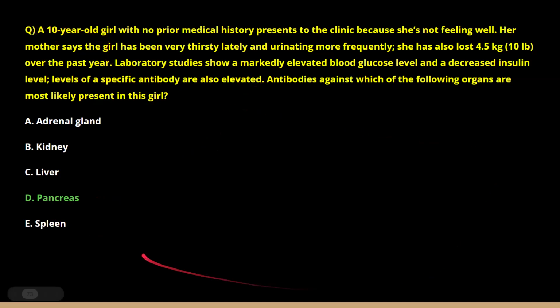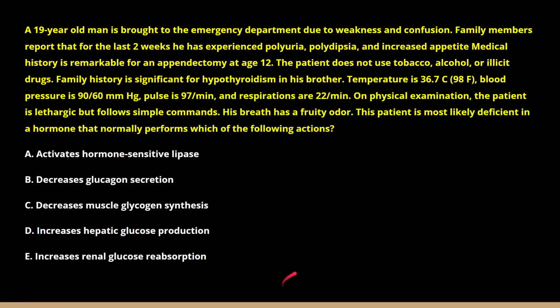Okay, next question. It's the last one. A 19-year-old man is brought to the emergency department due to weakness and confusion. Family members report that for the last 2 weeks he has experienced polyuria, polydipsia, and increased appetite. Medical history is remarkable for an appendectomy at the age of 12. The patient does not use tobacco, alcohol, or illicit drugs.